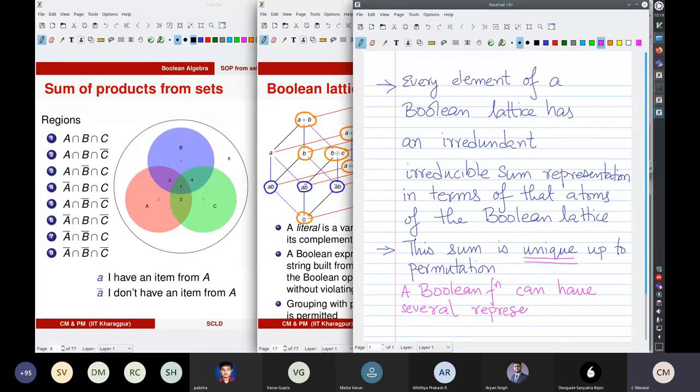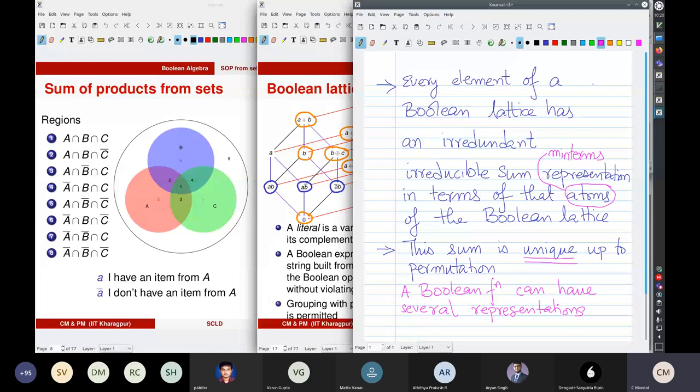A Boolean function can have several representations, but this is the important point: the representation in terms of these atoms, and these atoms, as you have seen, are nothing but the mean terms. And what are these mean terms?